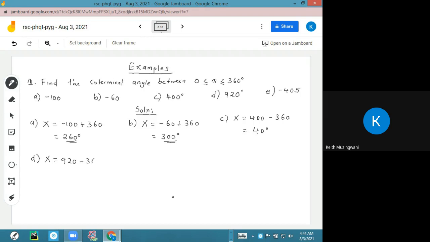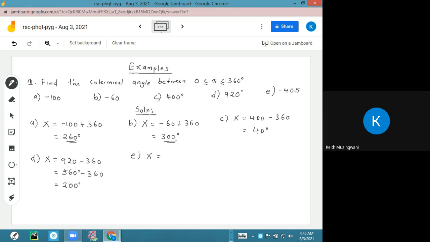So we'll subtract 360 and see what we get. 920 minus 360 is 560. Still bigger than 360, so we subtract again. At least now I'm sure it's 200. It falls now in the required interval. So we leave it there. We don't stop subtracting until we get to our required interval.